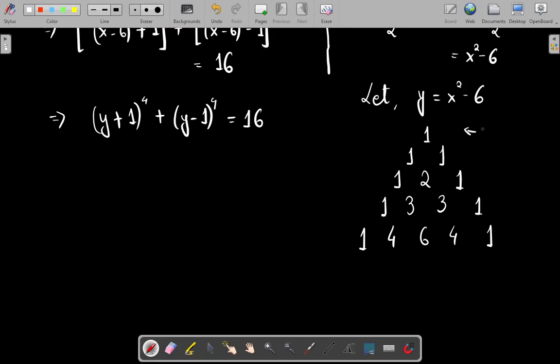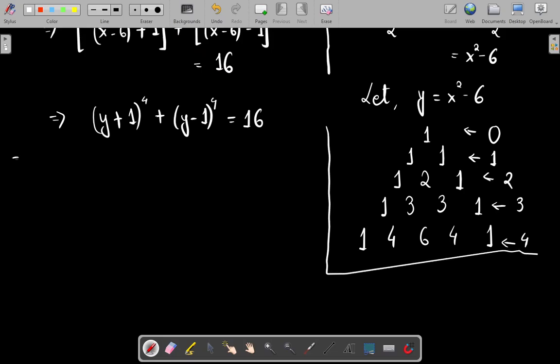These are the binomial coefficients. This is for degree 0, degree 1, degree 2, degree 3, and degree 4. That is (a + b)⁰, (a + b)¹, (a + b)², (a + b)³, and (a + b)⁴, whose coefficients are of this form. So this is the Pascal's triangle.